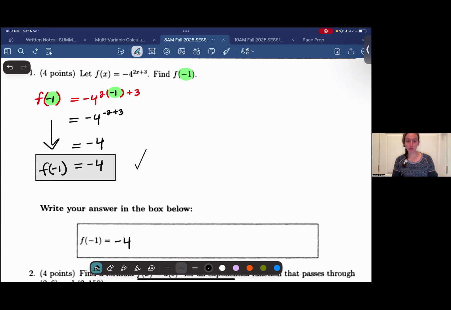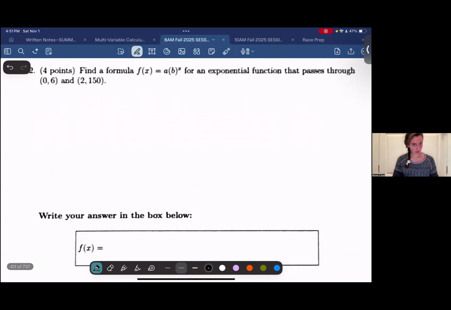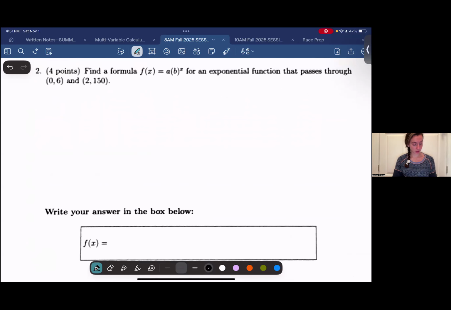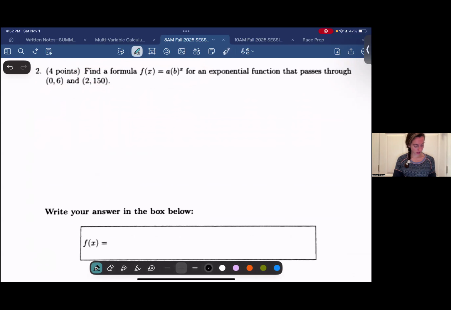Let's go ahead and move on to question 2. With question 2, we have find a formula f of x is equal to a in parentheses b to the x power, a general equation of an exponential function, and then it passes through these 2 points, (0, 6) and (2, 150).